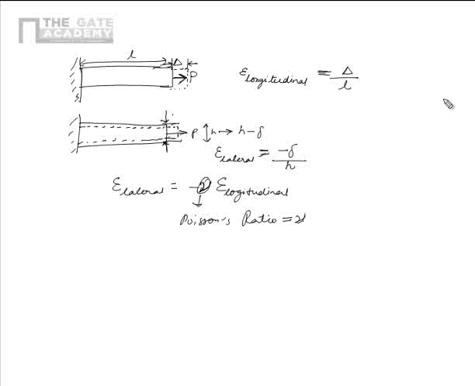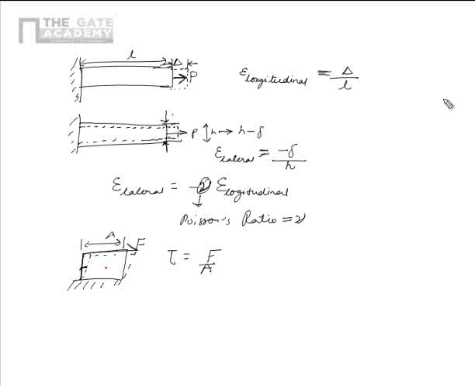Now we have also seen previously that if we have a load which is acting like this, suppose this is a slab and there is a lateral load acting like this, F, and this area is A, the kind of stress which gets generated here is called shear stress, and that is given by F upon A. Now obviously this thing distorts the slab and it becomes like this.